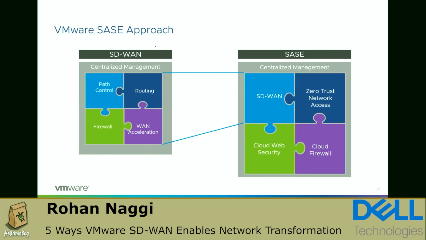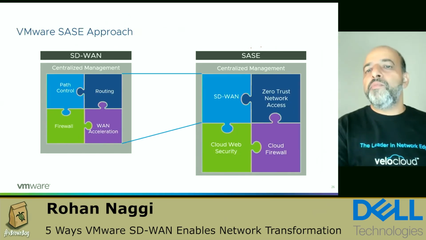So in this case, we are putting the security functionality, like CASB, Cloud Access Security Broker, or other functionalities of SASE, which I'm going to talk about in a second. But what it means is we're taking the security functionality away from the branch and putting it in the cloud. So the SD-WAN task here is to provide you with the transport and the WAN improvements.